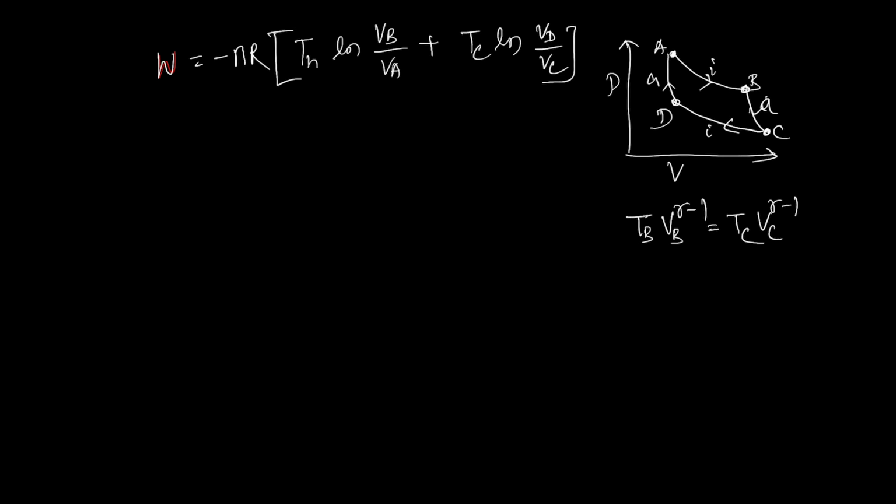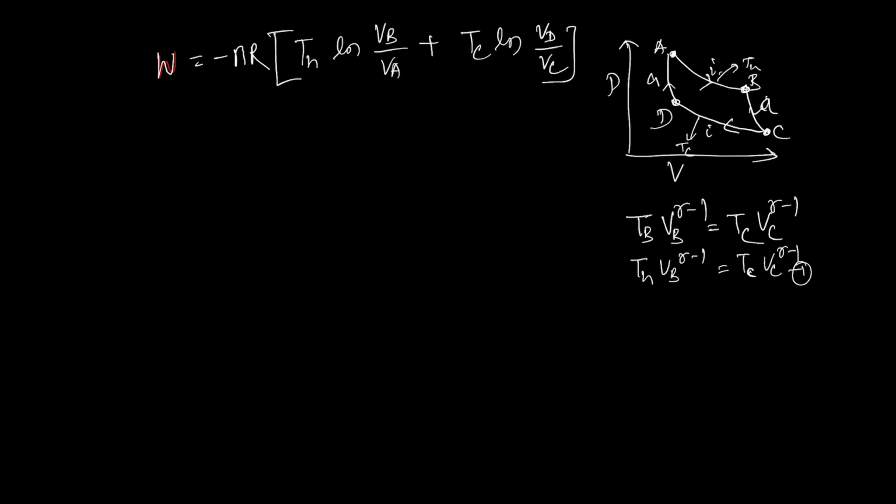And we know that Tb is nothing but Th, since A and B have the same high temperature Th, and C is cold, so this is Tc. So, Th Vb to the power gamma minus 1 equals Tc Vc to the power gamma minus 1. That is equation 1.